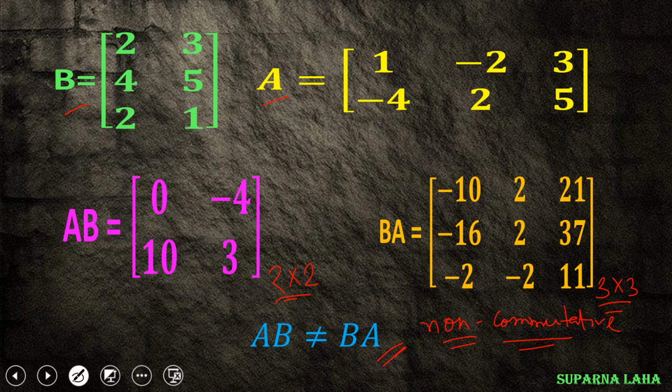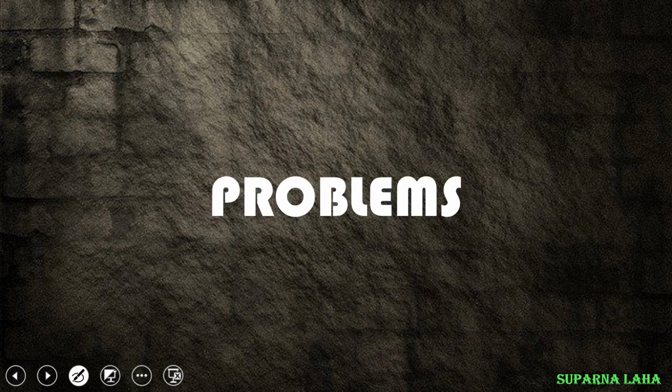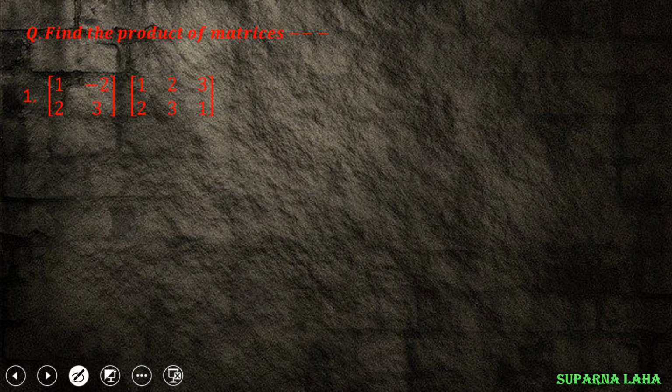So let's solve some problems or multiply some matrices. For the first one, before starting multiplication, first check its order. The first one is a 2 cross 2 matrix, and the second one is a 2 by 3 matrix.